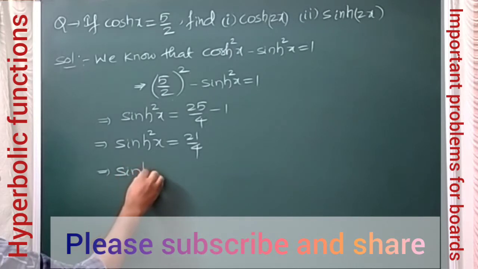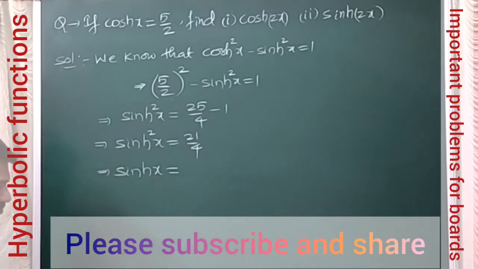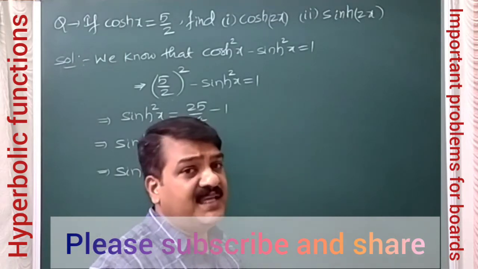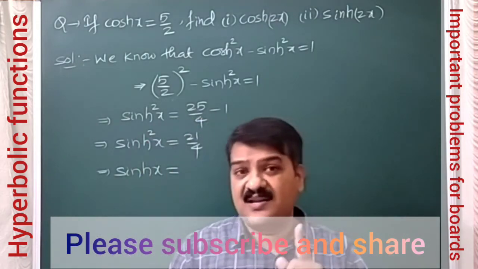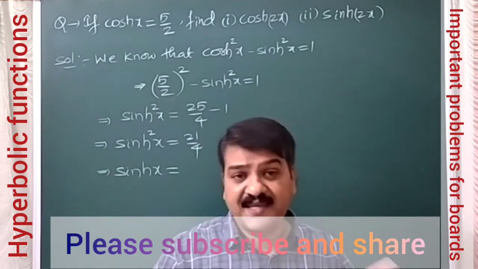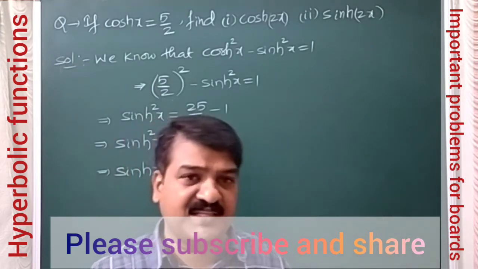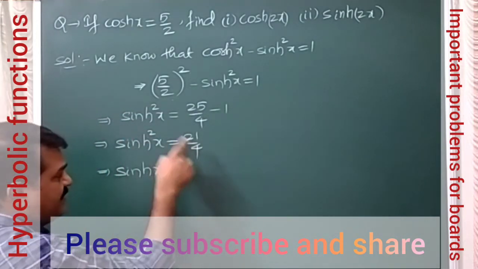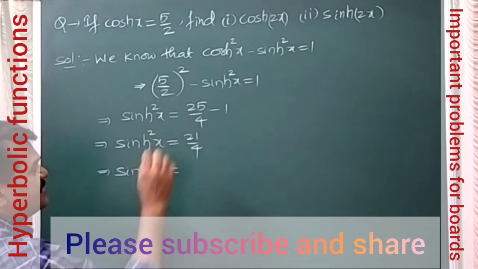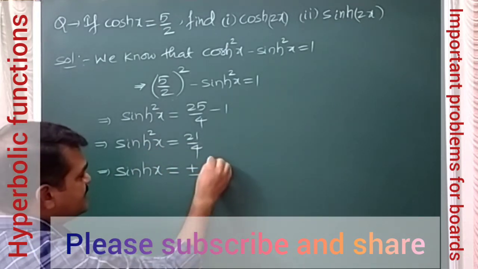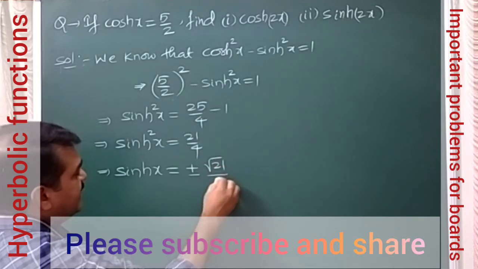So therefore, what is sinh x now? We discussed in the previous video that the range of sinh x is R. That means sinh x can be positive, it can be negative, it can be 0, anything is possible. So sinh² x is 21 by 4 means sinh x will be plus or minus root 21 by 2.